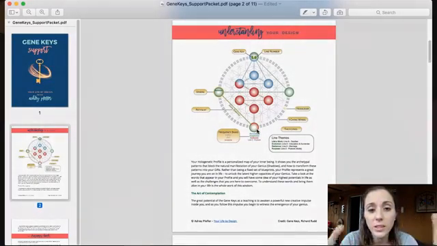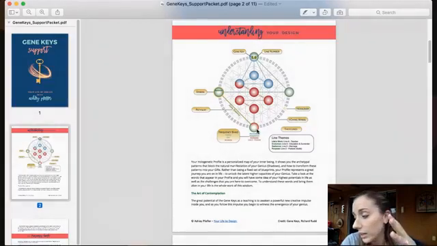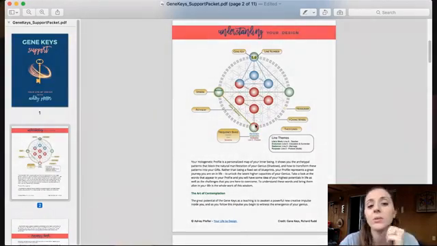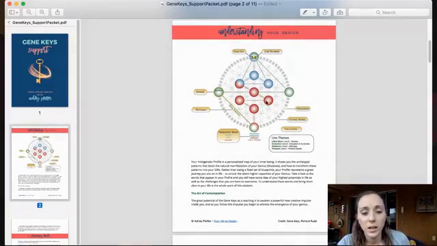And there are 3 different sequences in the Gene Keys profile. You'll have your activation sequence, which makes up these 4 green spheres, and the Venus sequence, which makes up these red, not squares, circles, spheres. The Venus sequence, which makes up these 1, 2, 3, 4, 5, 6 spheres.